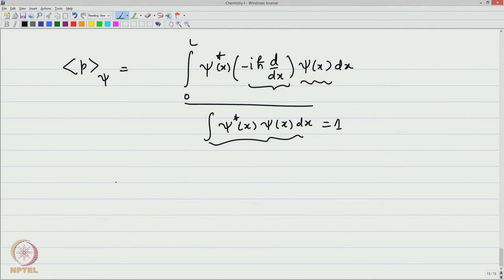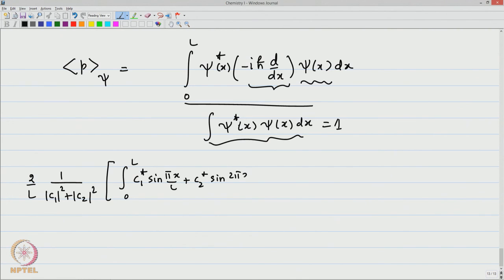So, if you are doing this here, you would get again 1 by |C1| square plus |C2| square. I am just writing the final form and leave it to you to calculate. The integral will be 0 to L, and also there is a 2 by L here. The integral will be C1 star sin pi x by L plus C2 star sin 2 pi x by L. Okay.